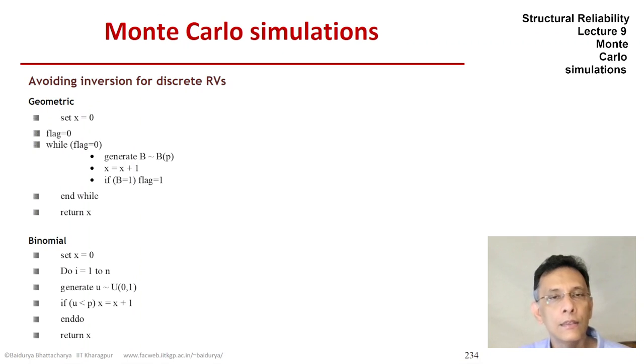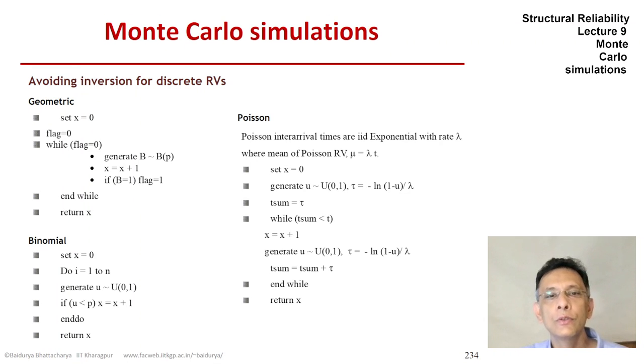We can take such a first principles approach for the binomial also. We generate n Bernoulli random variables with parameter p and then just sum them until we exhaust all the n Bernoulli random variables.